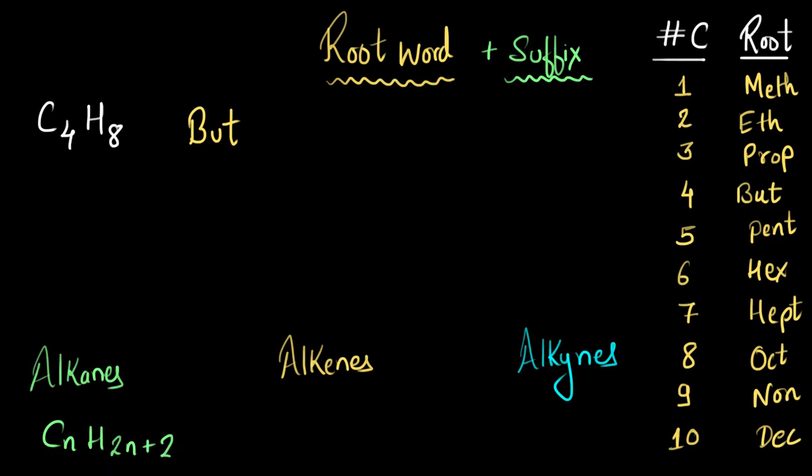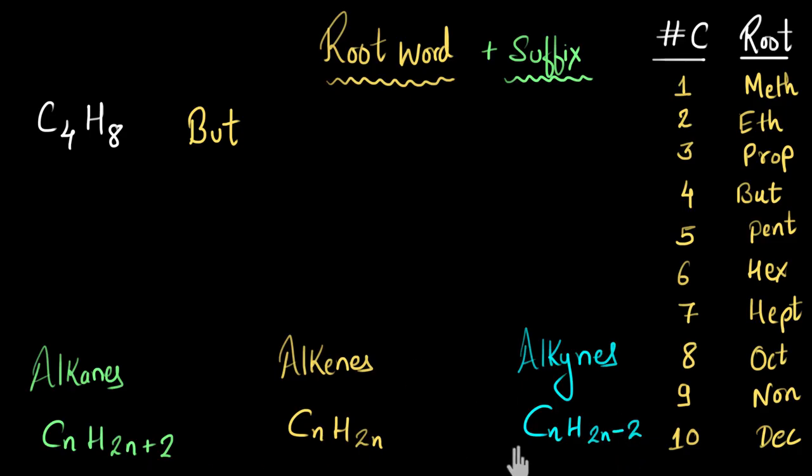For alkenes, the general molecular formula was CnH2n, meaning all alkenes will have twice the number of hydrogen atoms as carbon atoms. For alkynes, the general molecular formula was CnH2n-2, meaning the hydrogen atoms will be twice the carbon atoms minus 2.